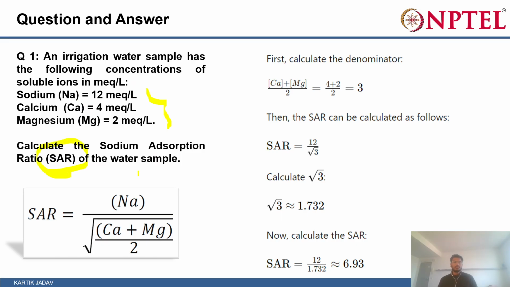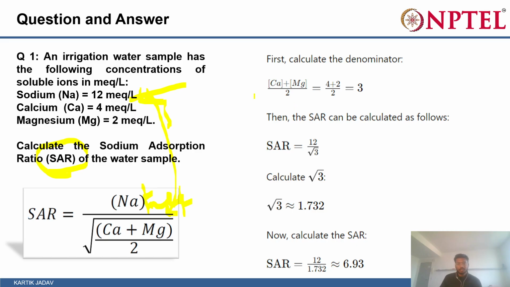You know that sodium adsorption ratio is given by sodium concentration in milliequivalent per liter divided by the square root of calcium plus magnesium divided by 2. All these are given in milliequivalent per liter. Always remember that if it is given in ppm, you need to first convert it to milliequivalent per liter.